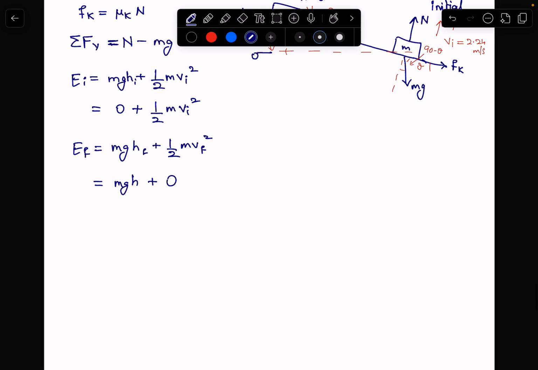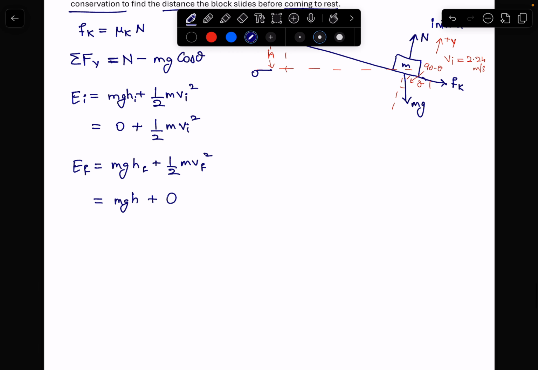All right, so because there is friction, there is non-conservative work. So non-conservative work is equal to its initial energy minus final energy. So initial energy is half mv initial squared. Final energy is mgh.